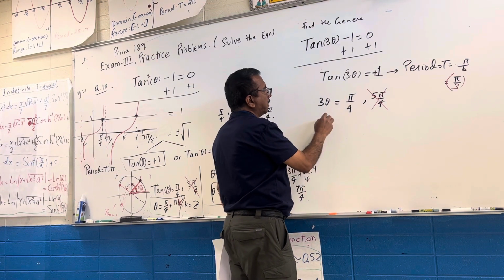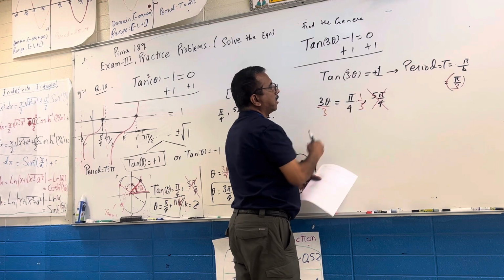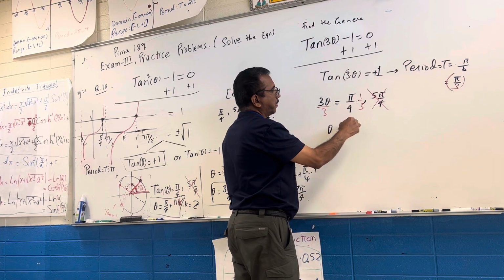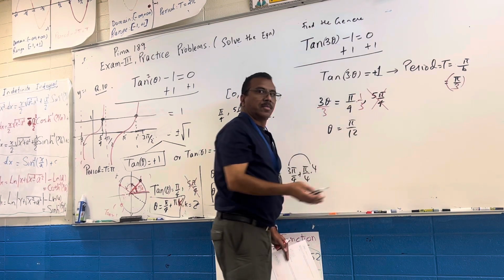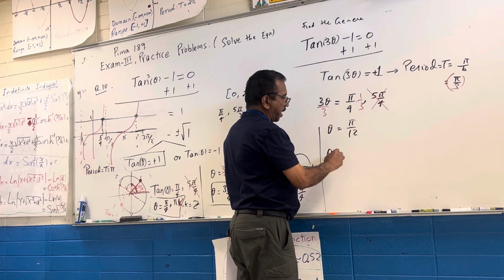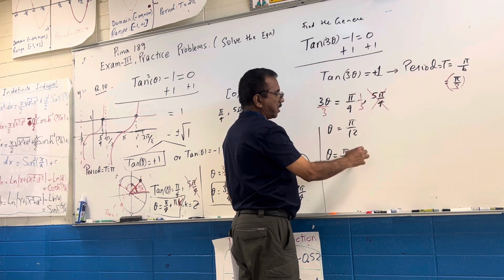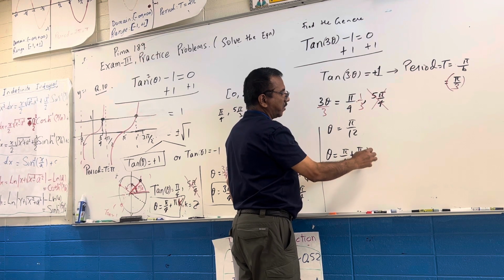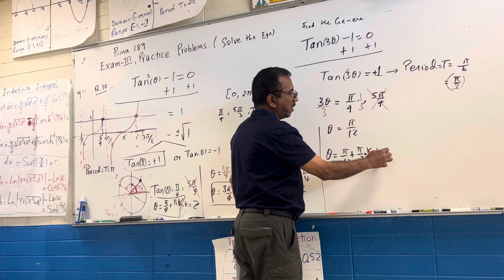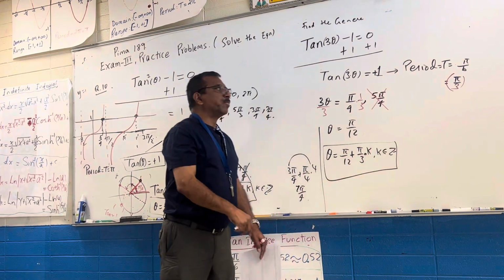Then divide this by 3, so theta equals pi by 12. Correct? So your final answer is theta in general is pi by 12, and then because the period is pi by 3, plus pi by 3 times k, where k belongs to the integers, and that completes the problem.